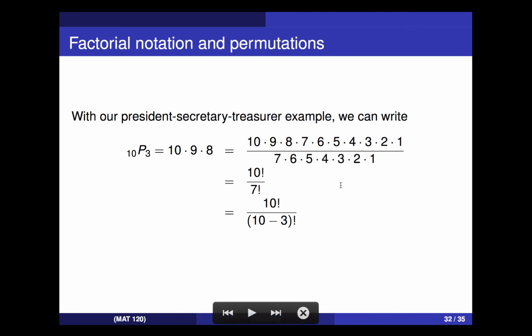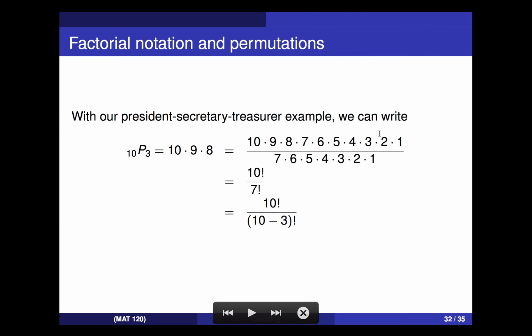So here's how this works out with our examples. 10P3, we know it's 10 times 9 times 8 because we did that using the fundamental principle of counting. But we can rewrite 10 times 9 times 8 like this. Notice all I've done is multiply and divide by 7 factorial over 7 factorial, right?